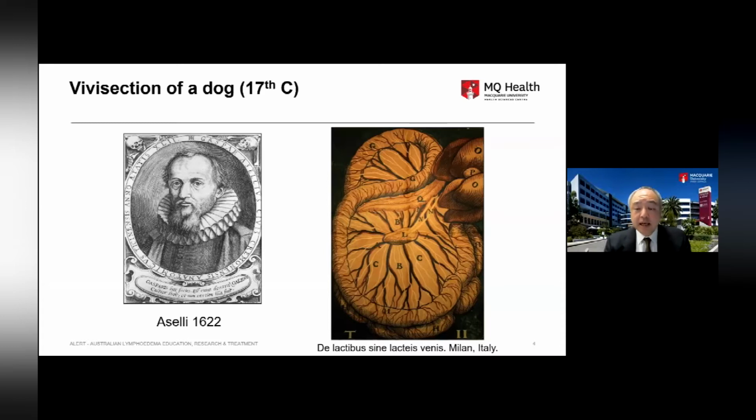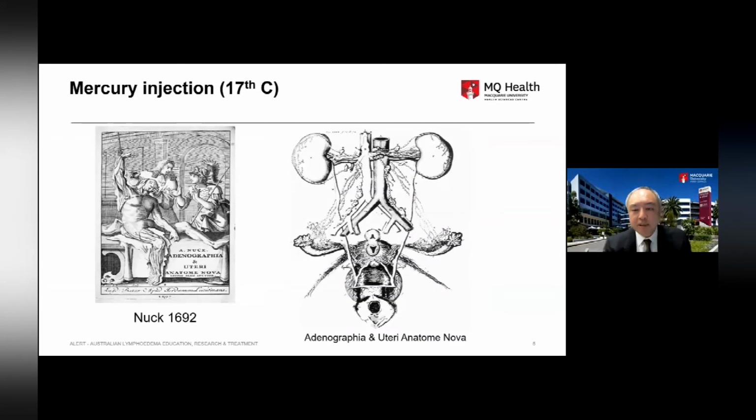Mercury is a very slippery material, and a small amount can spread into the entire vascular system. So it's not surprising that Anton Nuck used mercury for demonstrating the lymphatic system. Following his achievement, for the next 300 years anatomists used mercury for demonstrating the lymphatic system.